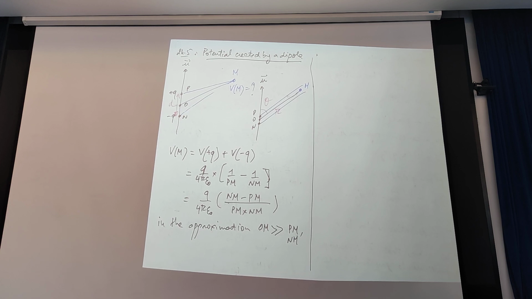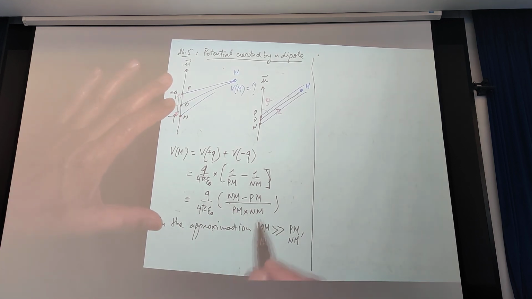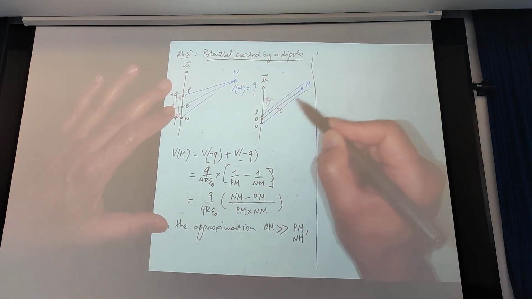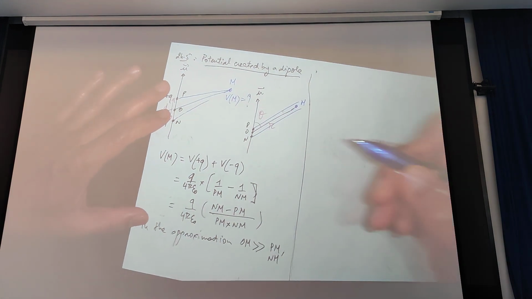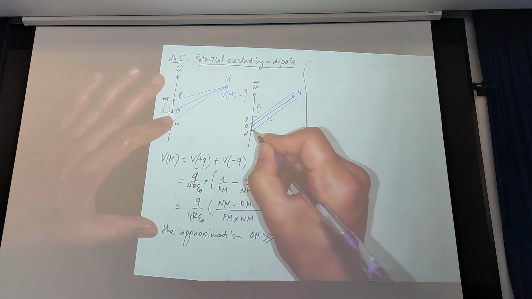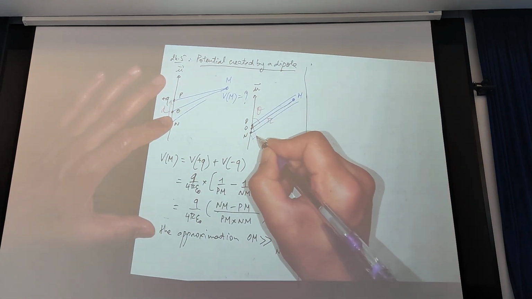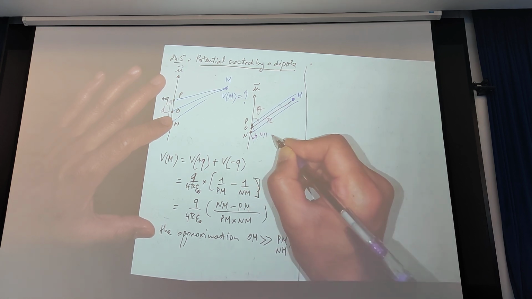In this approximation, this distance here is NM minus PM.